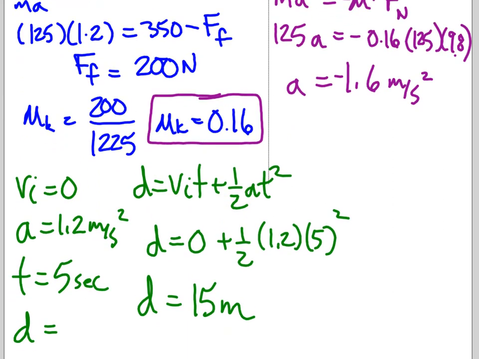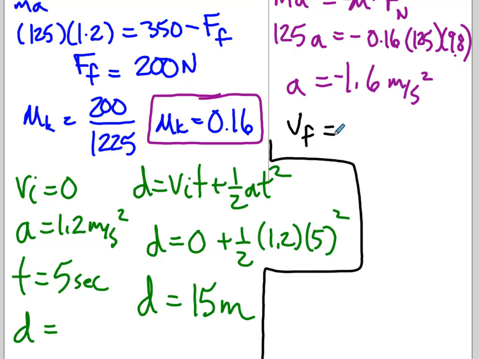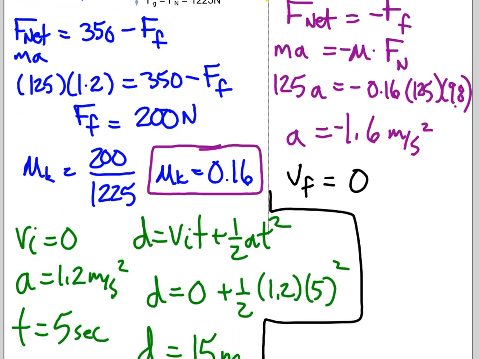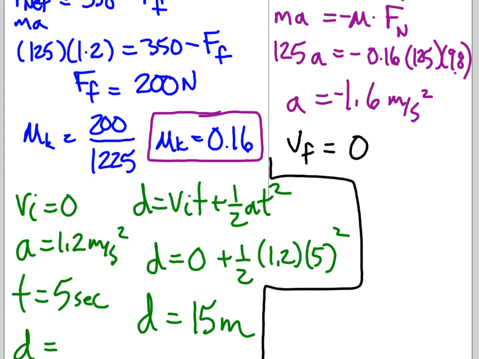I'm back to doing another kinematic problem. Let's change to a different color. So I have an acceleration. I have a final value of 0. I'm trying to figure out how far it travels, so I need a d value. And it would be really handy if I knew the initial velocity.